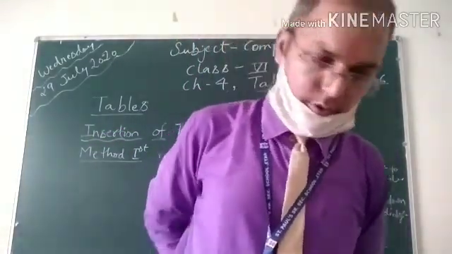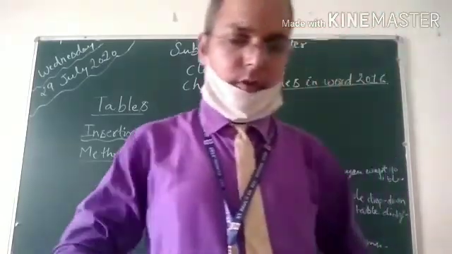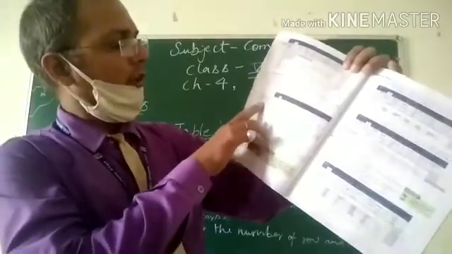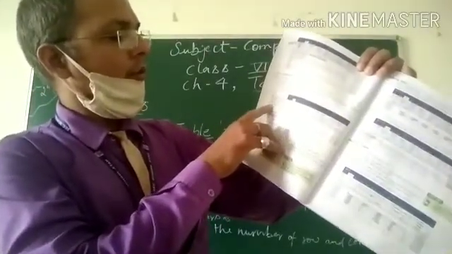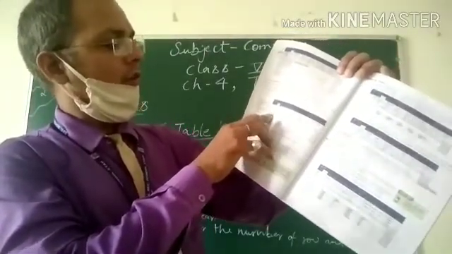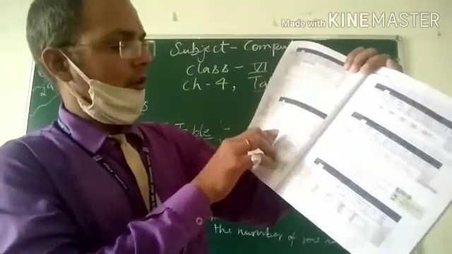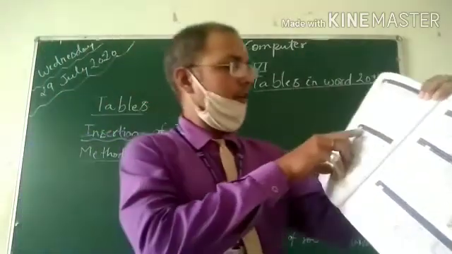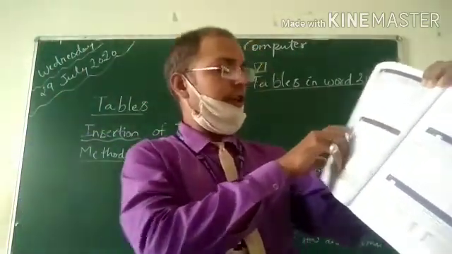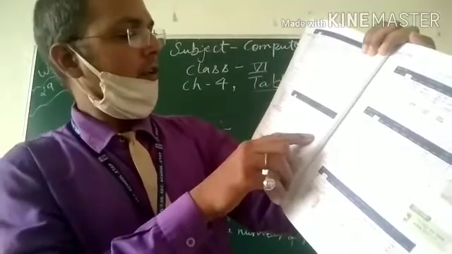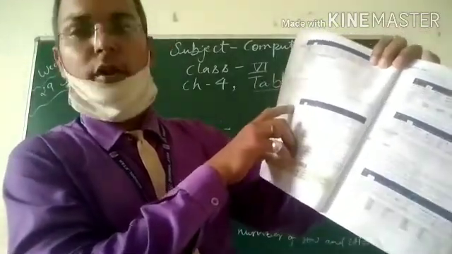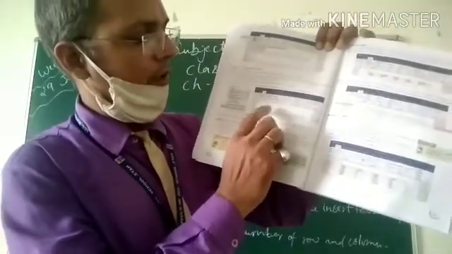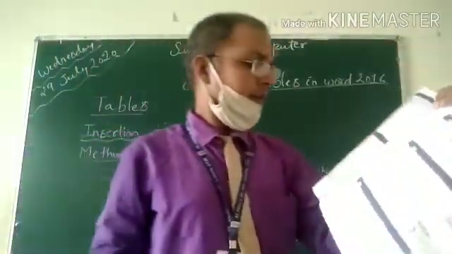You can see figure 4.3, the Insert Table dialog box: number of columns, number of rows, fixed column width, auto. You can change the dimensions of the table here, and this is a table of 2 rows and 5 columns. 1, 2, 3, 4, 5. This is figure 4.4.